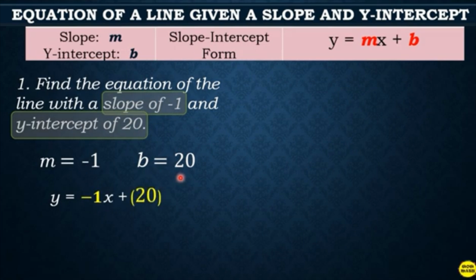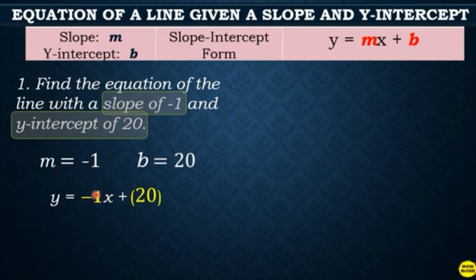Now, we cannot have a coefficient of 1 beside the variable. So, hindi tayo pwedeng magkaroon ng coefficient na 1 na isisulat pa natin beside the variable. So, kapag ang coefficient mo is already 1 or positive 1, negative 1, no need to write this.